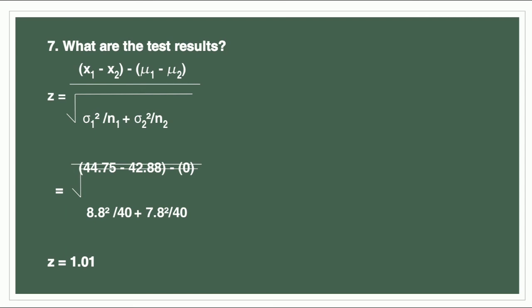To substitute, (44.75 minus 42.88) minus (0) over square root of 8.8 squared over 40 plus 7.8 squared over 40 is equal to 1.01. So our test result is 1.01.